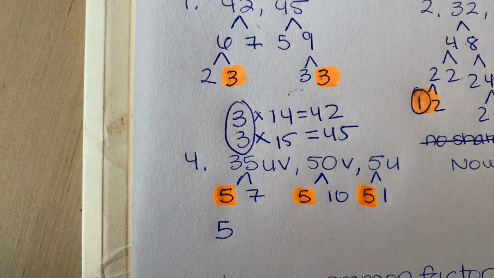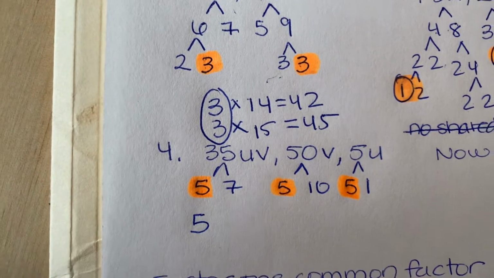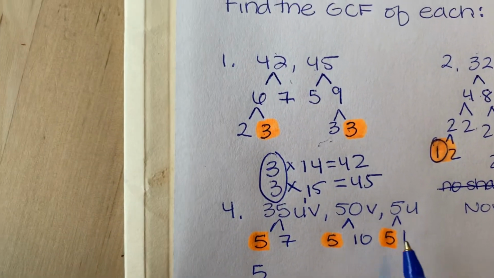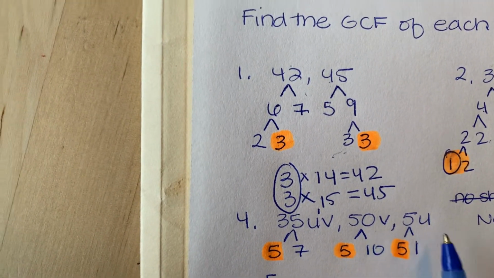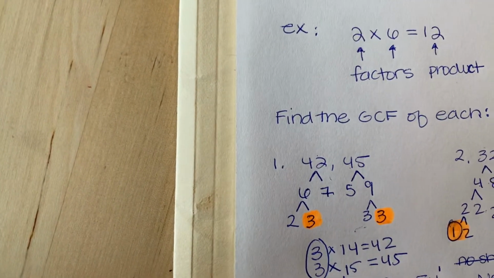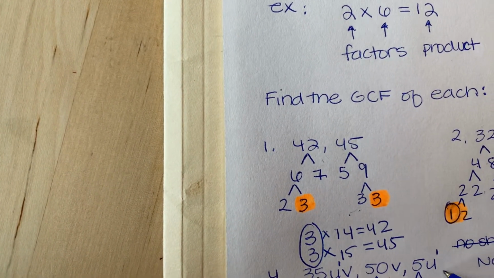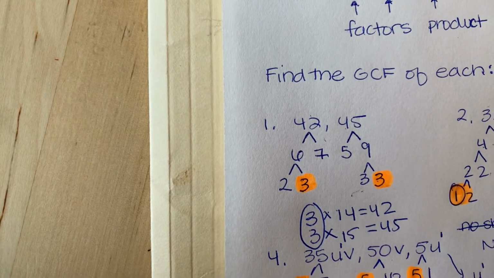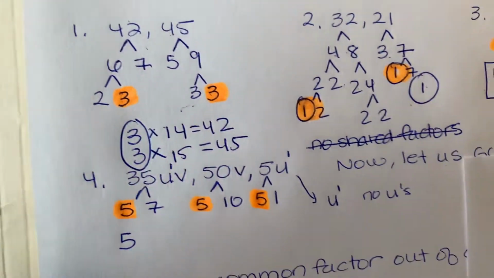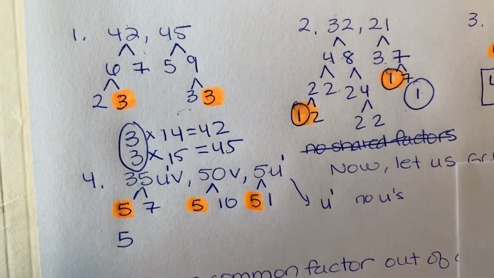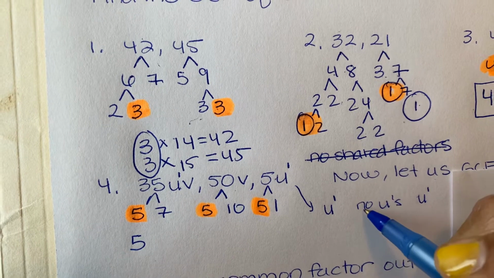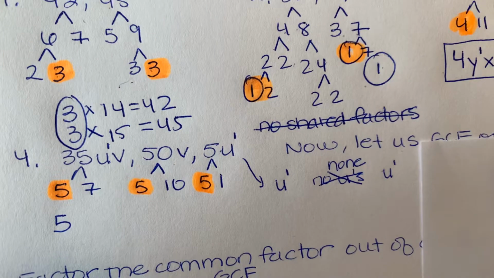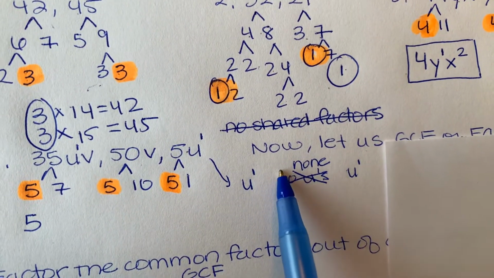Now let's attack the base U. This has one U, this has no U's, and this has one U. I wrote up above, so now let's come over here. I have one U on the first one, no U's for the second one, and for the third one, I have one U. You cannot take out what it doesn't have.